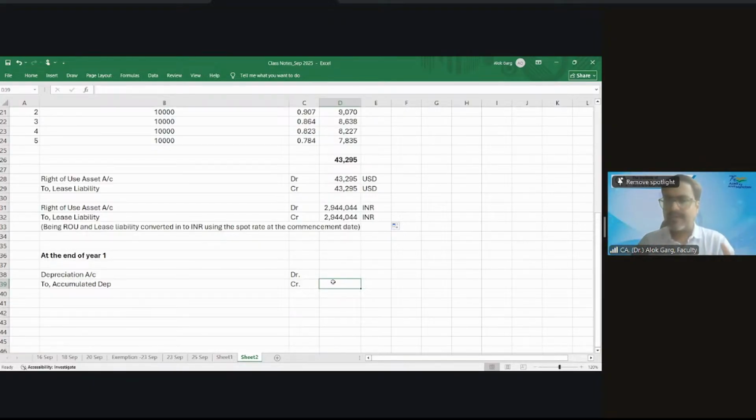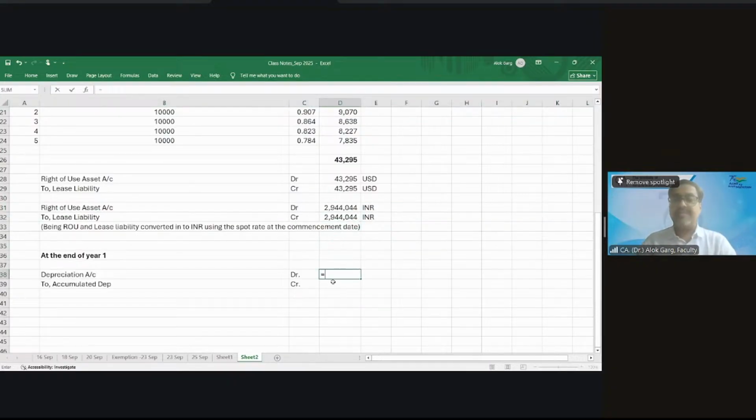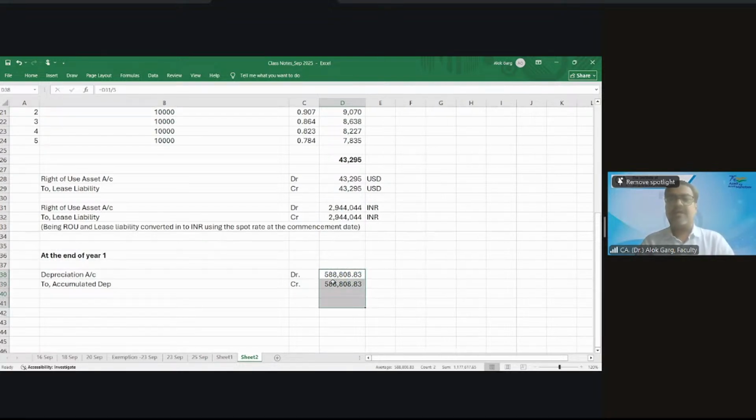So in this case, your right of use asset is a non-monetary item. Once it is recorded on the commencement date, job is over. You're not required to do anything. So depreciation account debit, this divided by 5. This is the accounting entry every year.